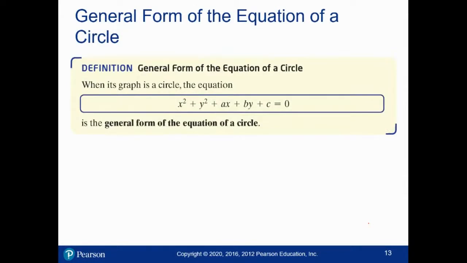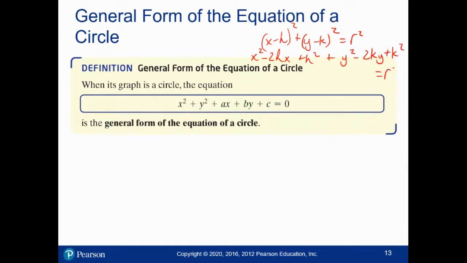Now, we had our standard form of (x minus h) squared plus (y minus k) squared equals r squared. If you expand all this out, you get x squared minus 2hx plus h squared plus y squared minus 2ky plus k squared equals r squared. How did I get all this?